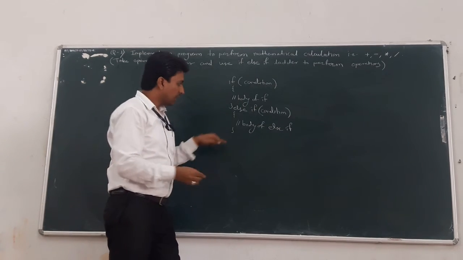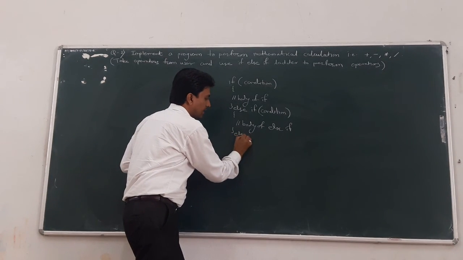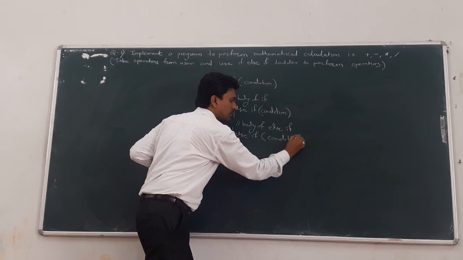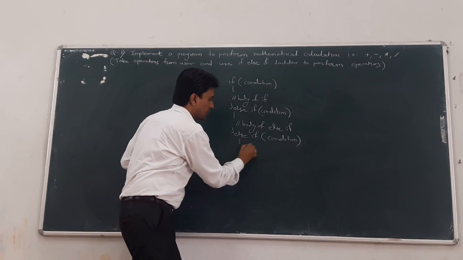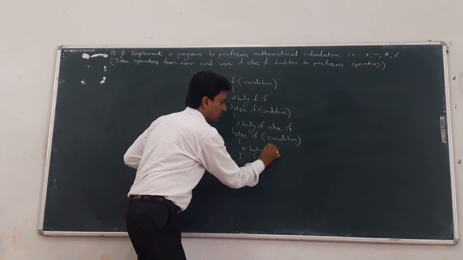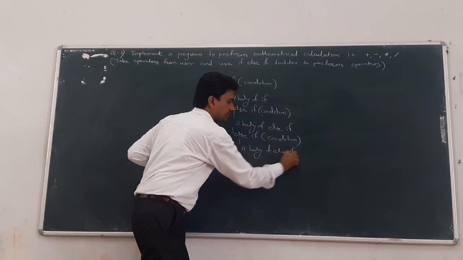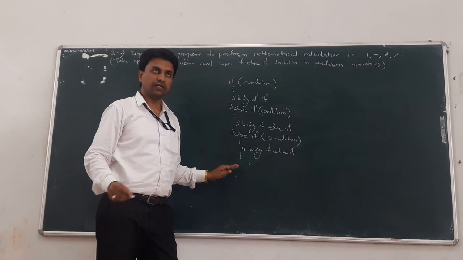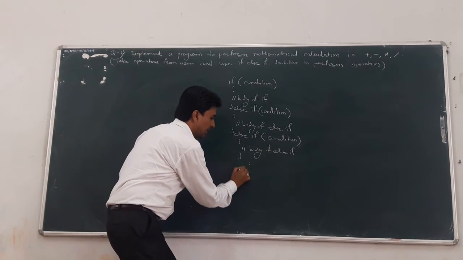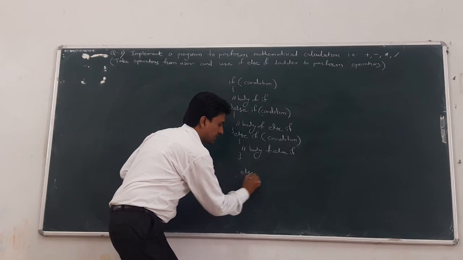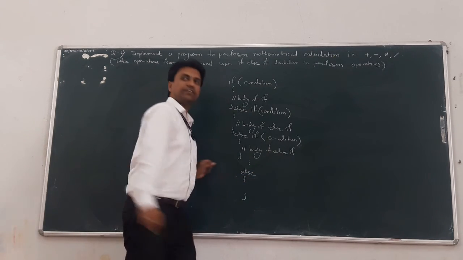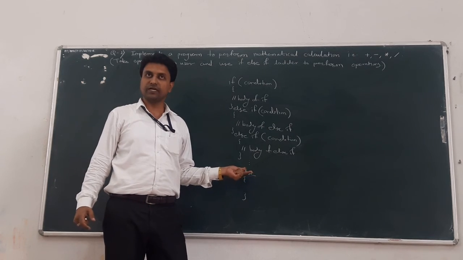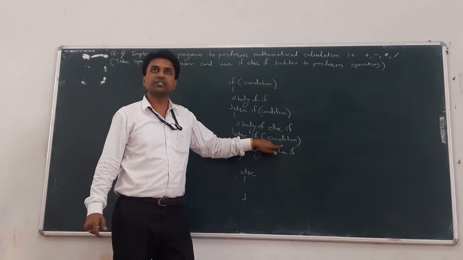Again else if, again a condition, again the body of else if, as many as you want. And the last is the else statement. The else statement does not have any conditional part, but if has a conditional part.